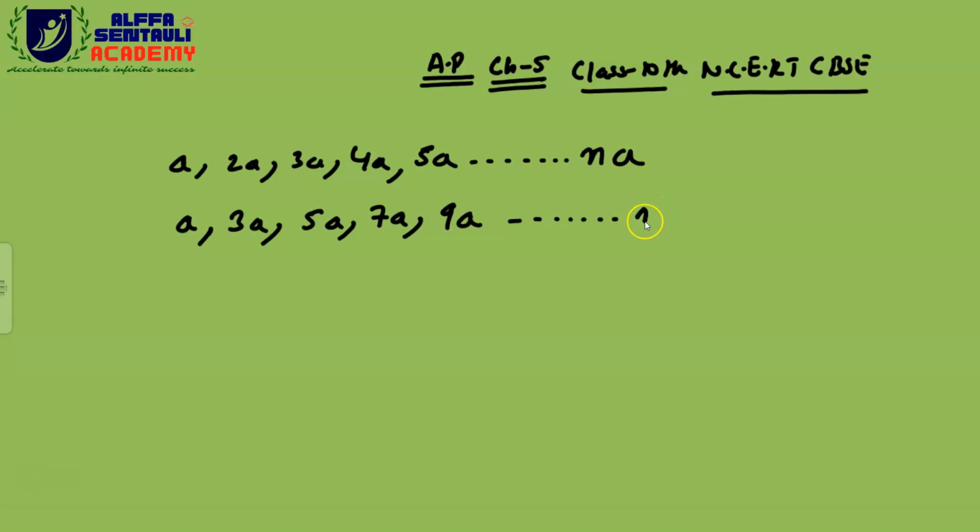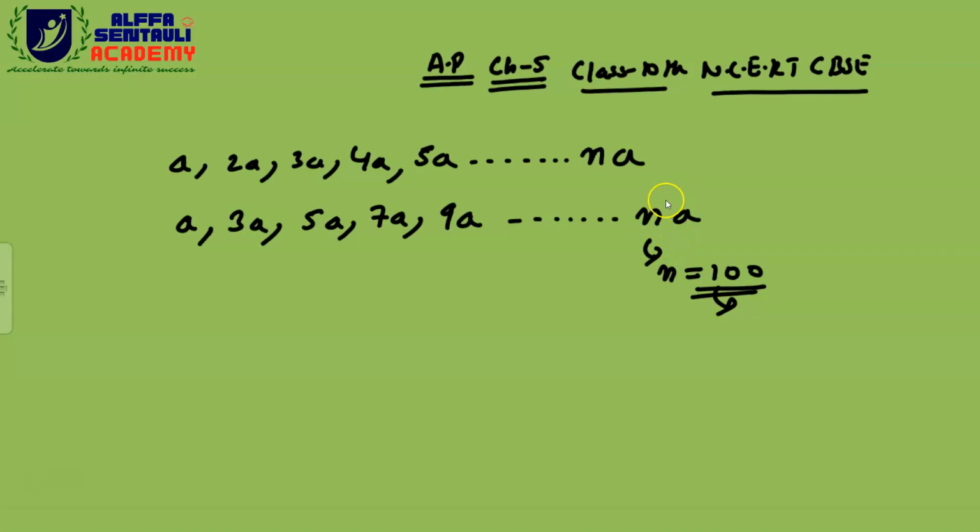Because if you write nA, beta, let's suppose someone is taking n as 100. So 100 is an even number, but you are taking an odd series, a series having odd numbers. So this 100 cannot come, no. So there should be something else.